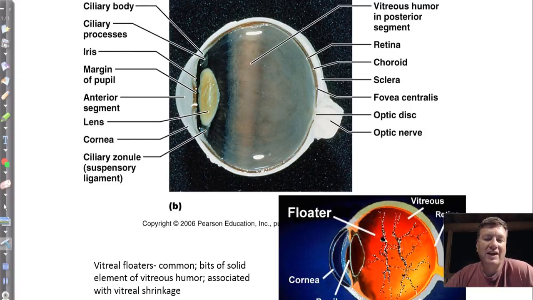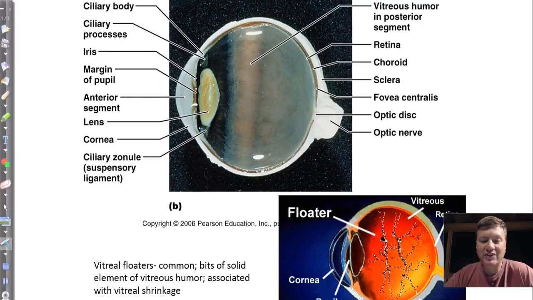Though what you tend to see happen in some people, especially the elderly, is they'll develop what they call vitreal floaters. It's an immune reaction, they'll get kind of these little clumps in the vitreous humor, and they will see sort of spots or flecks in their vision.